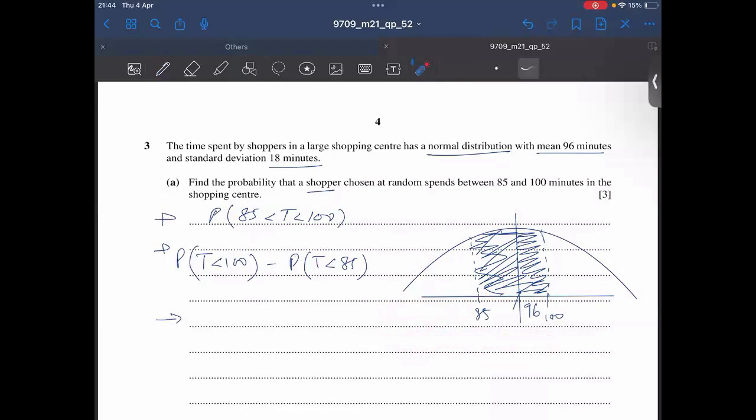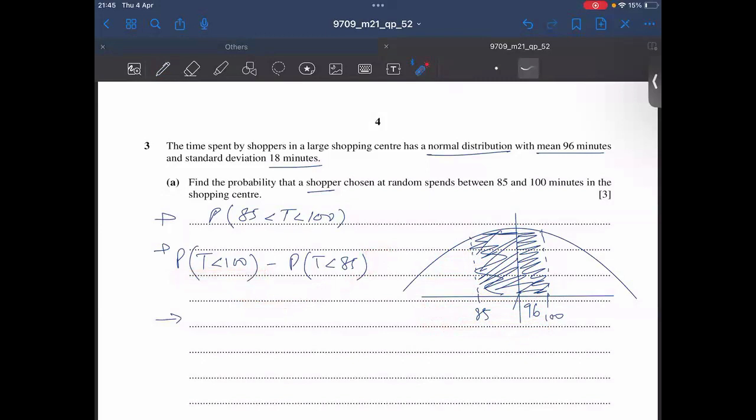Now, if you look at T less than 100, it covers more than 50% of the area. So you can get the probability of T less than 100 directly from the table.